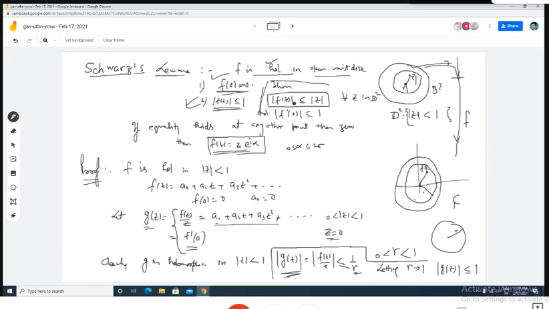Then modulus of f(z) is always less than or equal to modulus of z, and its derivative at 0 is less than or equal to 1.